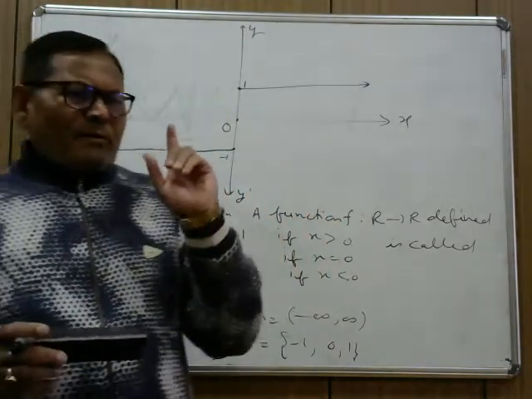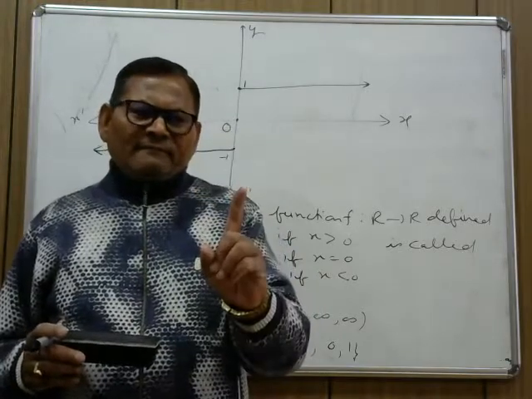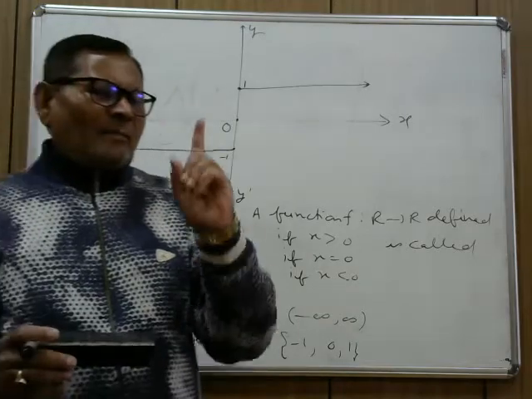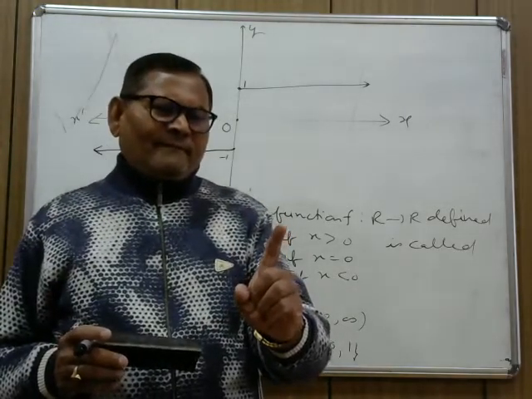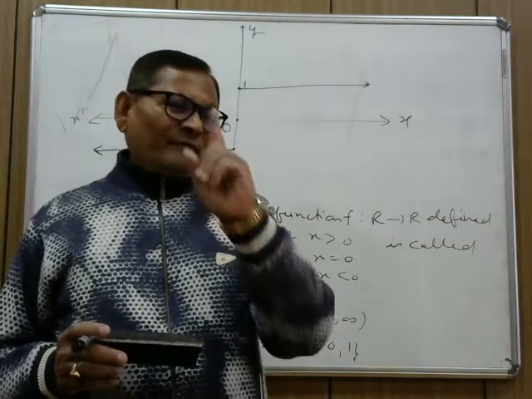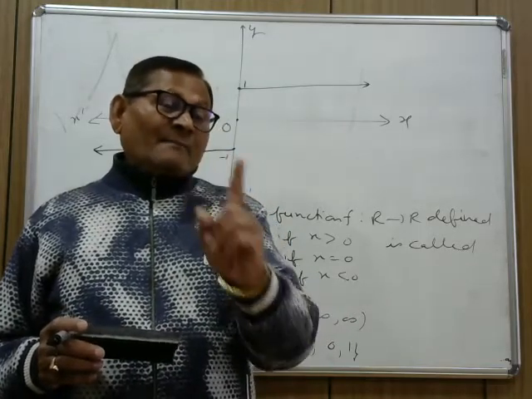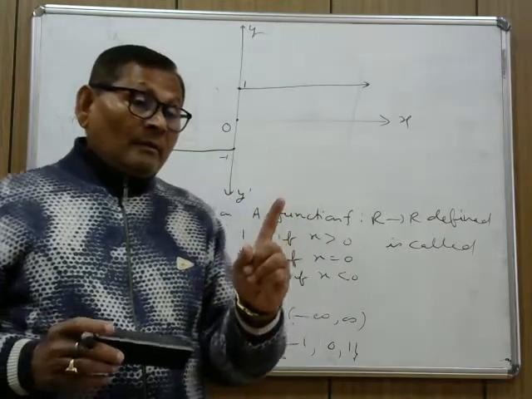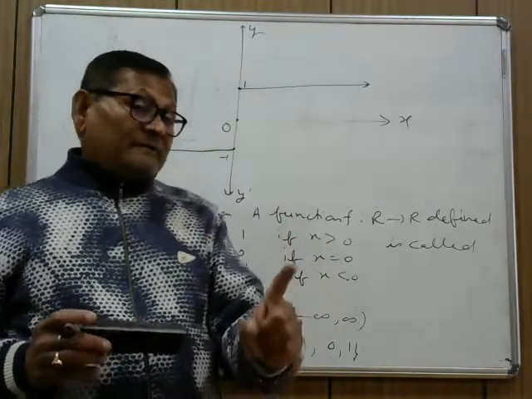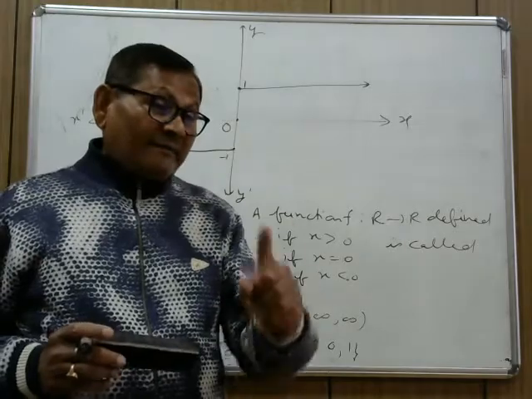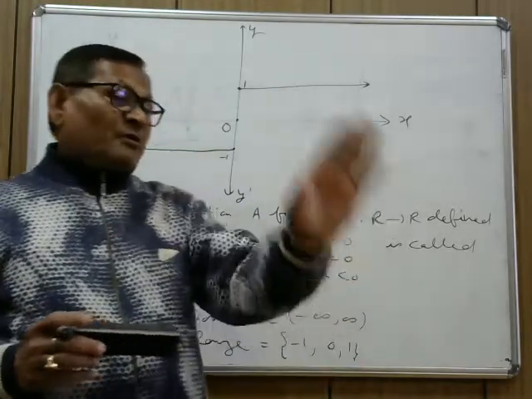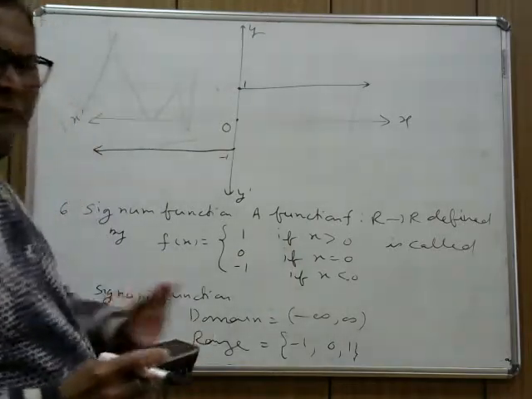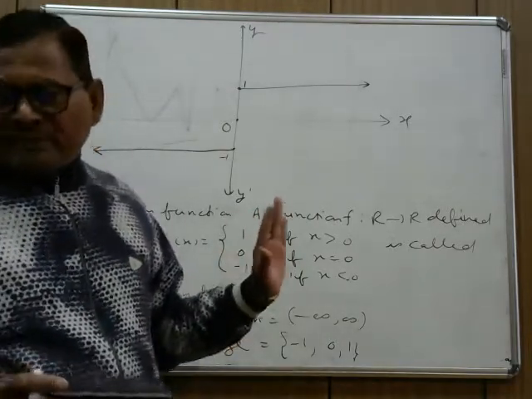Whenever you have any doubt, remember my one sentence: the driver knows the function of all parts of the vehicle. What are your parts? In the function y equals f(x), x is the part, and when f is operated on that, you get y as the product, f(x) as the product. If you have any doubt regarding the function, remember that.